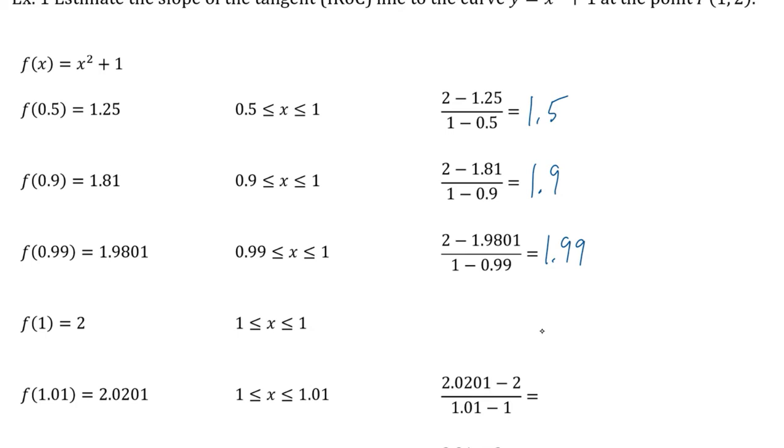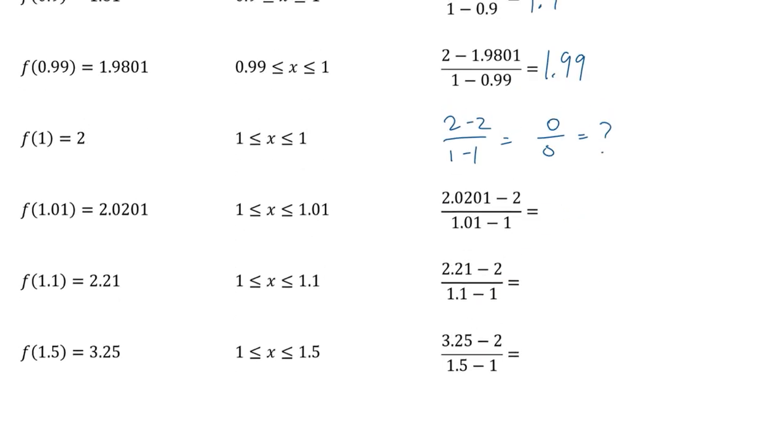But if I do it at that single point, using this method, that's from 1 to 1. That's going to be 2 minus 2 over 1 minus 1, 0 over 0. Darn it. Foiled again. I keep trying to do that and it keeps not working.